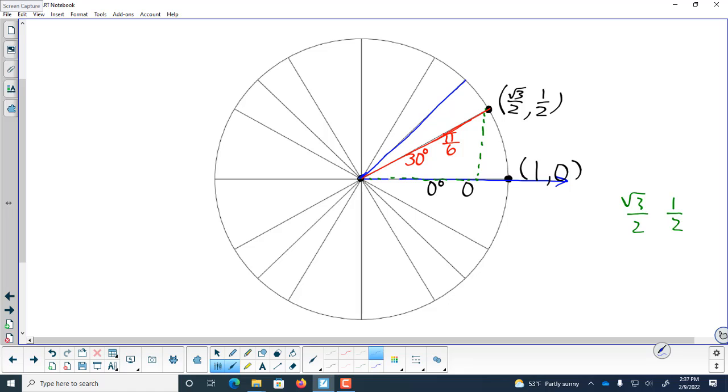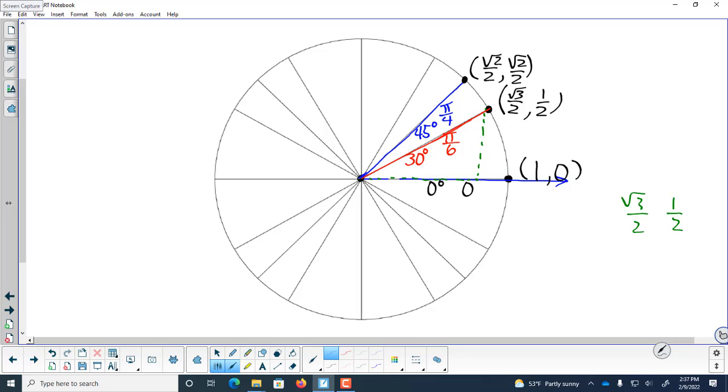What's half of 90? 45. So this is 45 degrees or pi over 4. What are the coordinates of this point? The x coordinate is the cosine, root 2 over 2. The y coordinate is the sine, root 2 over 2.